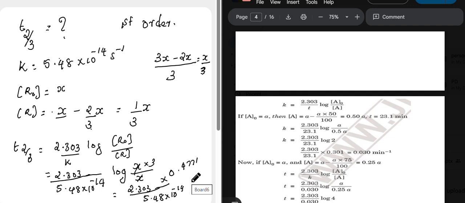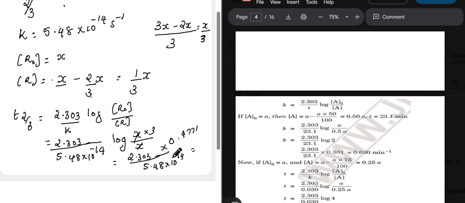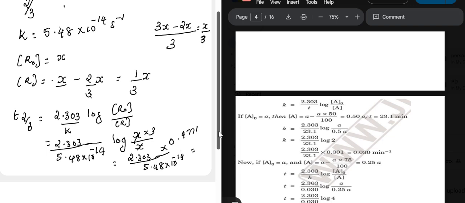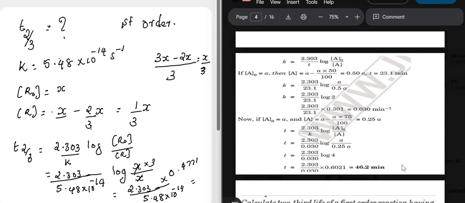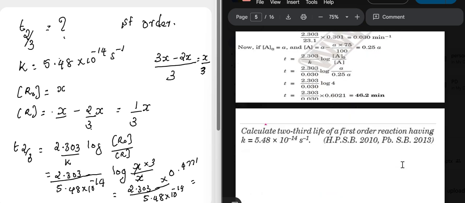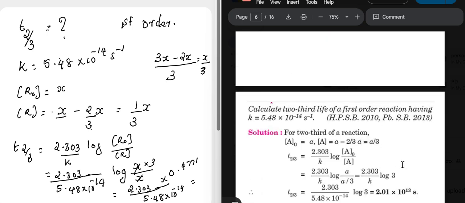Okay, now we have to multiply and divide. I'm not doing it now. 2.303 into 0.4771 divided by 5.48 into 10 raised to minus 14. This will go to the numerator, it will become 10 raised to plus 14. Just inform me through the comment box if I have to do the calculation also.